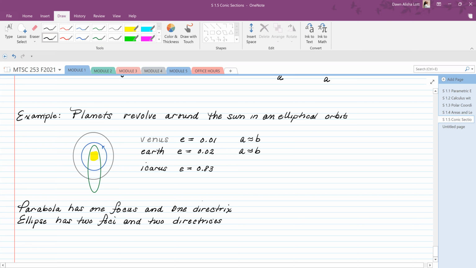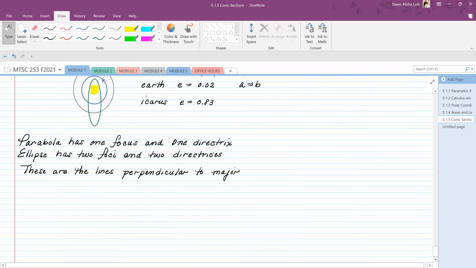Okay, these are the lines perpendicular to the major axis at distances plus or minus A over E from the center.